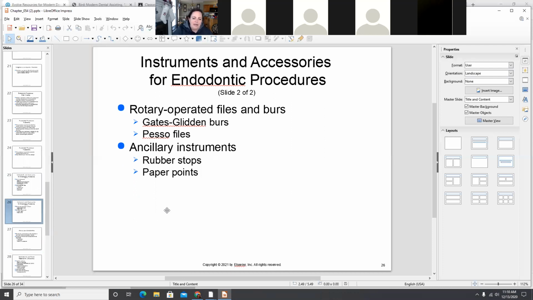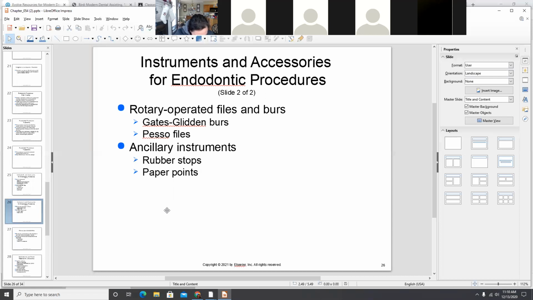Then we have rotary operated files and burrs, Gates Glidden burrs. If you turn to figure 54.17, all right, these are Gates Glidden burrs. And these help to clean out the canal and start the canal.